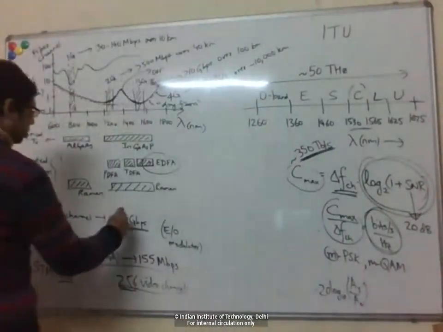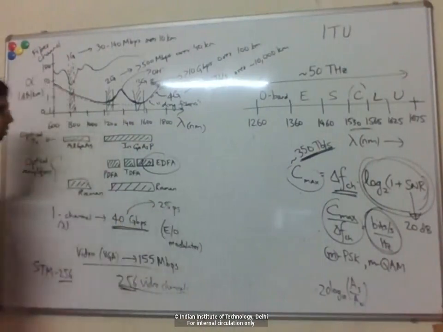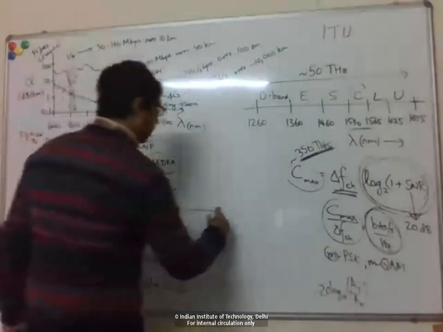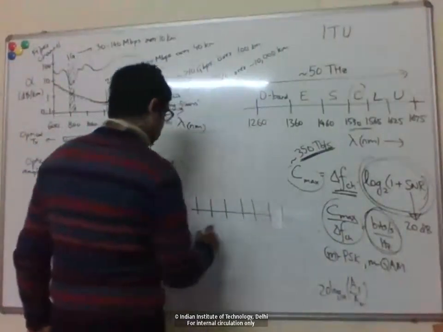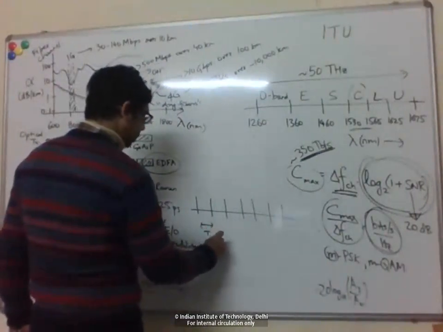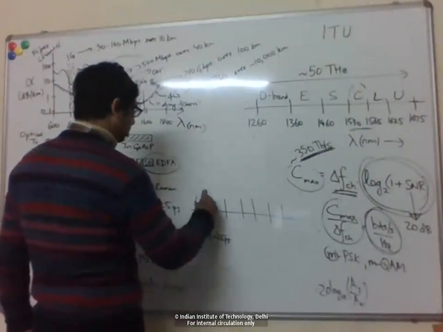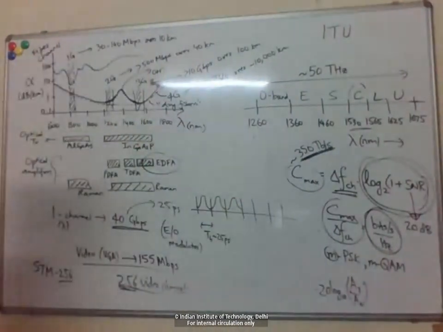From here you see that the bit duration is about 25 picoseconds, just 1 over this. So that's the bit duration for the optical waveform. So you have 1 pulse per bit duration.